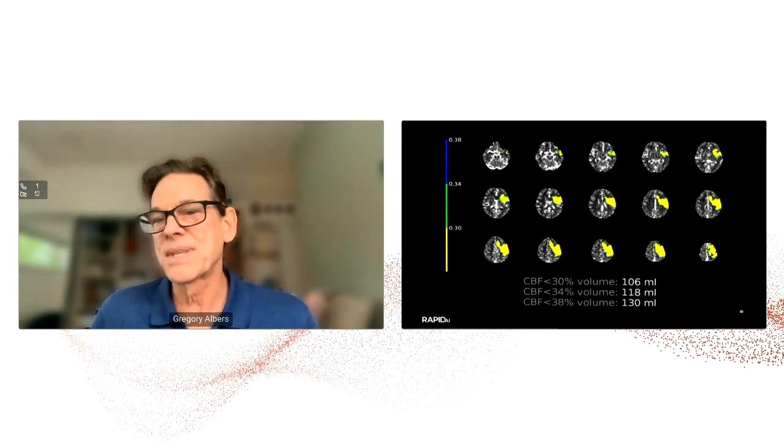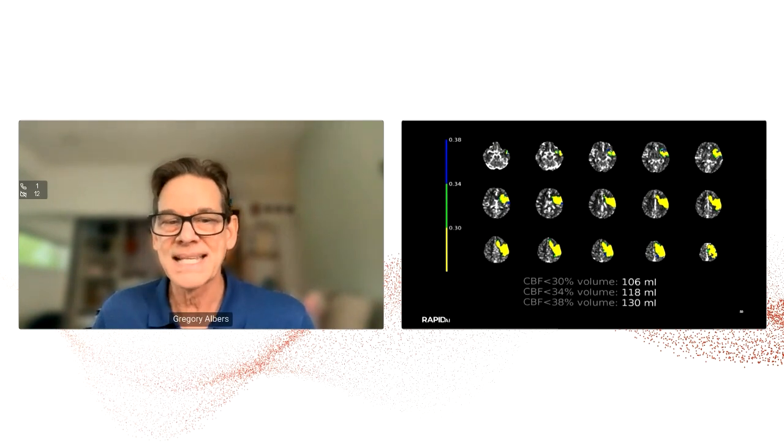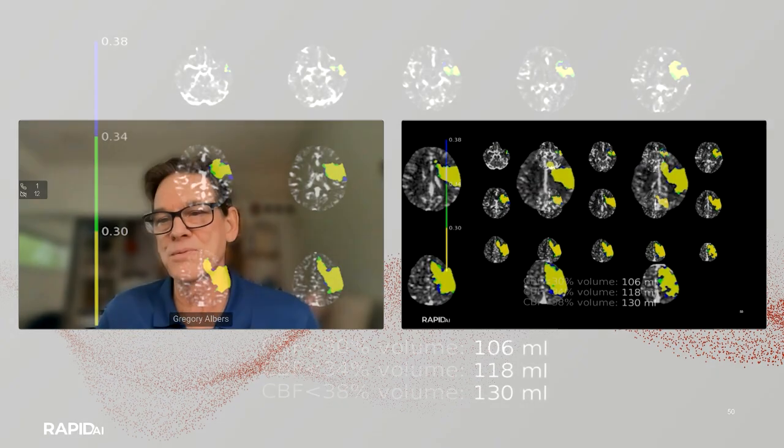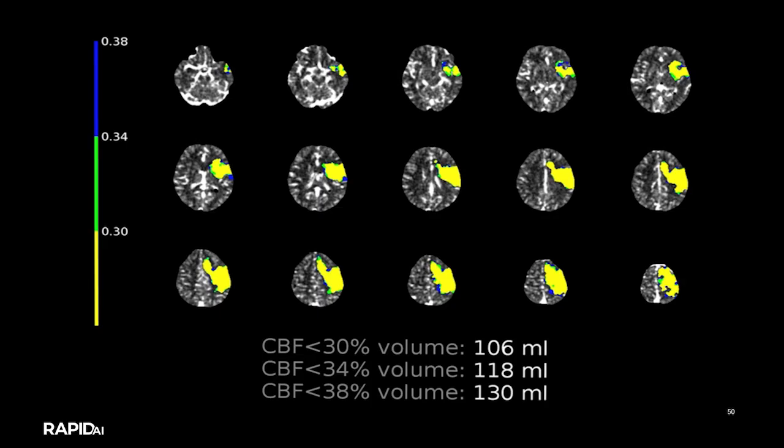The threshold that actually more closely matches with the diffusion image is less than 38%. So you can see in this case, less than 38%, which would more closely match an MRI scan, is 130 ml. But what's being reported in the mismatch map is 106 ml. And the reason is because the 130 ml in a small percentage of cases can overcall the tissue that is irreversibly injured.